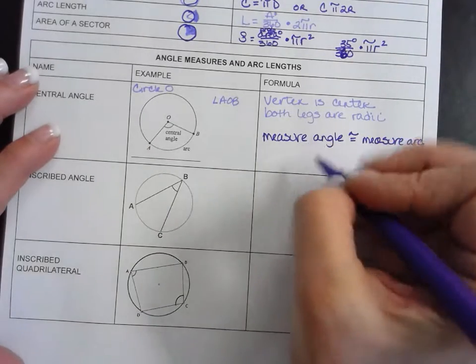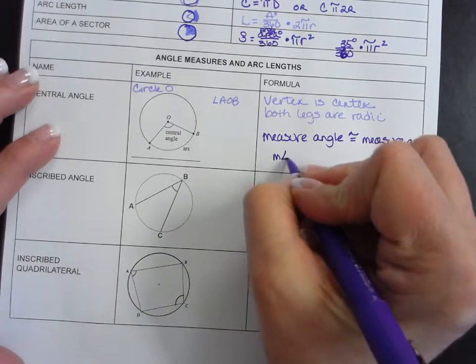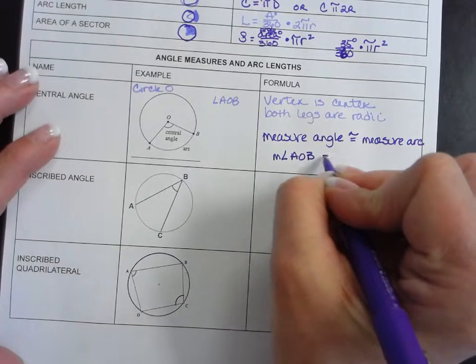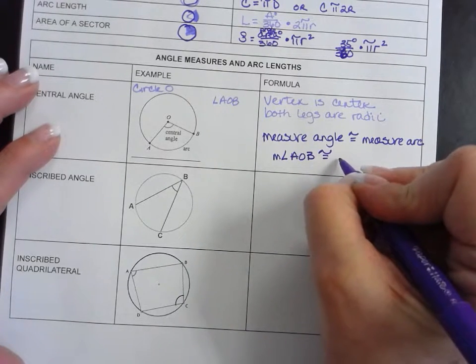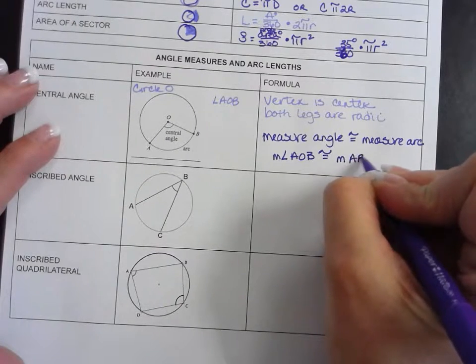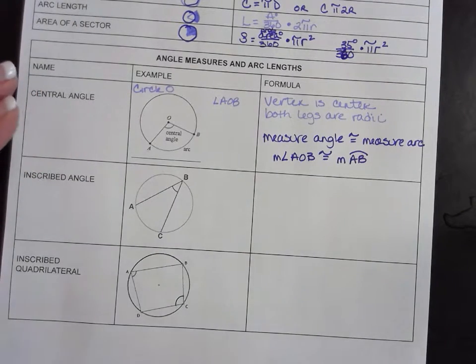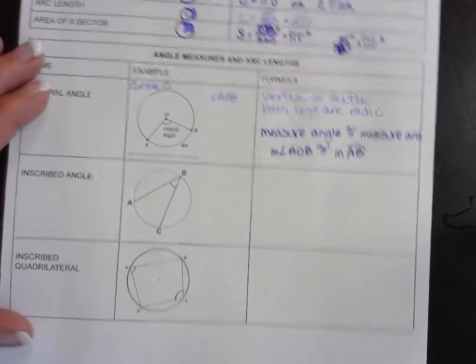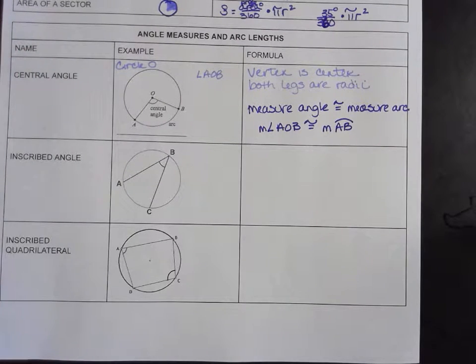So that means that the measure of angle AOB is going to be congruent to the measure of arc AB. Perfect. Is this all coming back to you now? Wipe off the spring break fog.